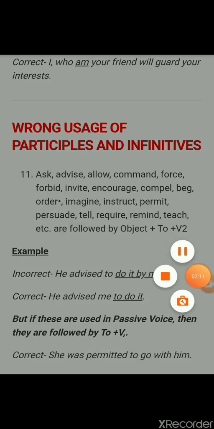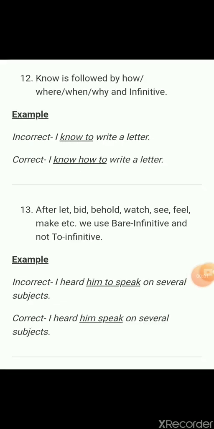Moving ahead. Okay guys, moving to the 12th rule. Know is followed by how, where, when, why and an infinitive. Don't get confused. Just look at the example, you will come to know. I know to write a letter. When you see know, it will always be followed by how, where, when, why and an infinitive.